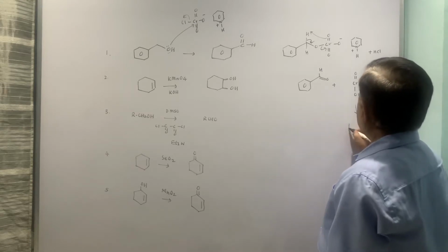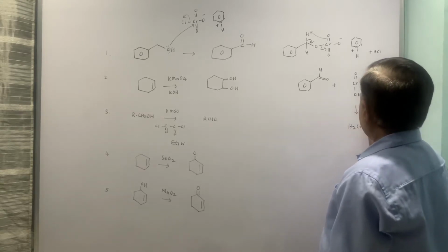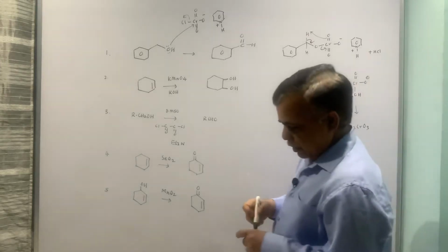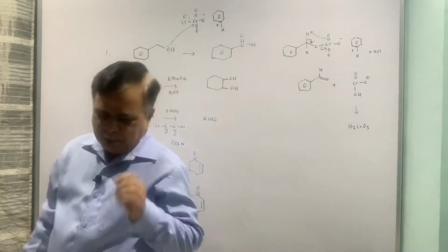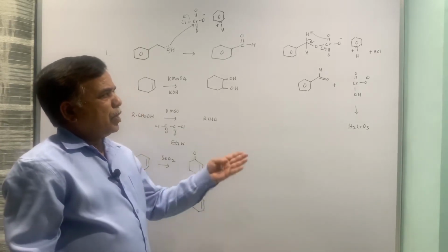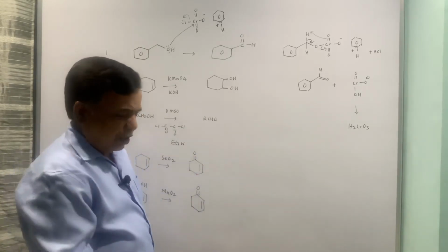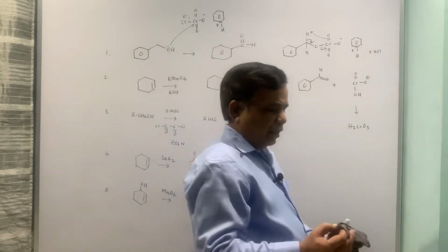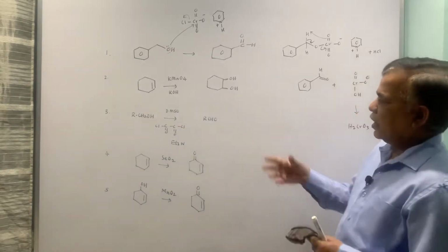Ultimately this becomes H2CrO3. That means chromium oxidation number is changing from +6 to +4, so that is reduction. So chromium is undergoing reduction and it is oxidizing the other substance.